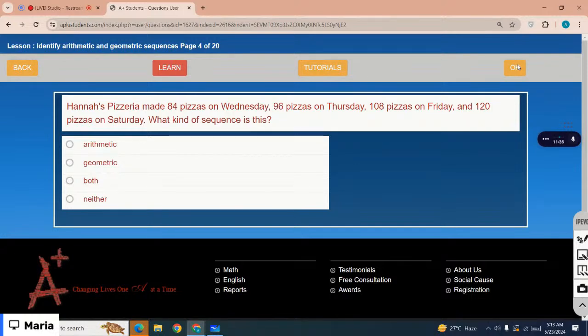The correct option is arithmetic sequence.